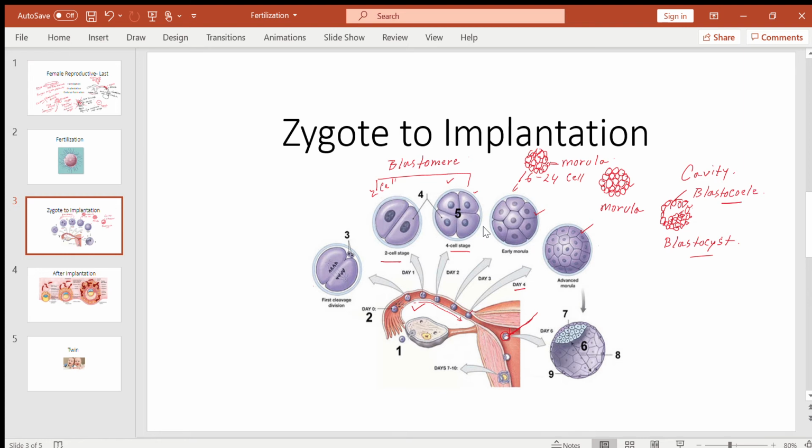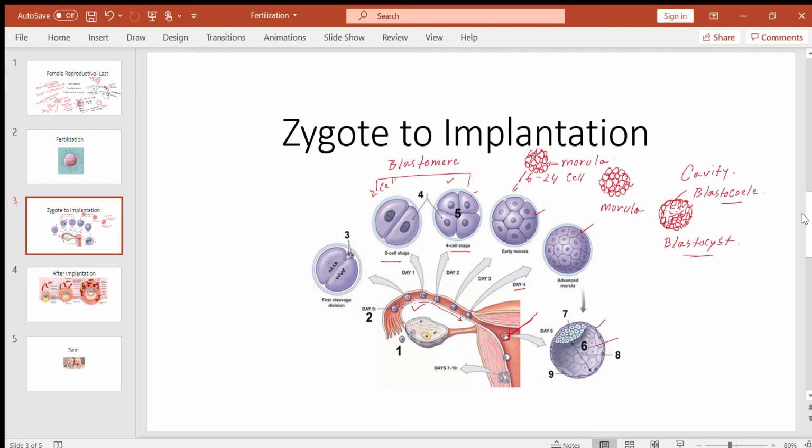Okay, blastocele. It contains fluid. So now you see this is a blastocyst. So it's a big cavity inside. If you cut it and see inside, you see this is the cavity here, blastocele. Okay, so blastocyst is this whole structure, and blastocele is the cavity inside it.